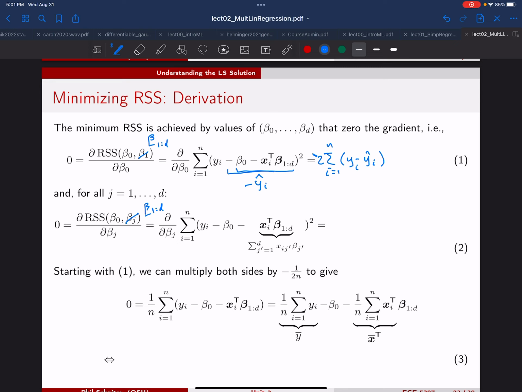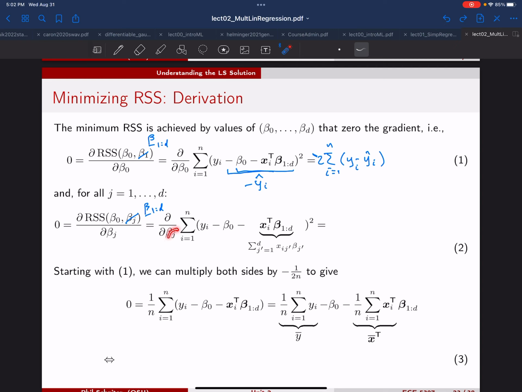Now we can also look at the partial derivative with respect to any of the other j's, where j is 1 through d, somewhere in there. What's a little tricky is that beta j is actually buried in this inner product. So to make sense of that, let's expand that into a sum. Let's come up again with this j prime as our temporary summing variable.